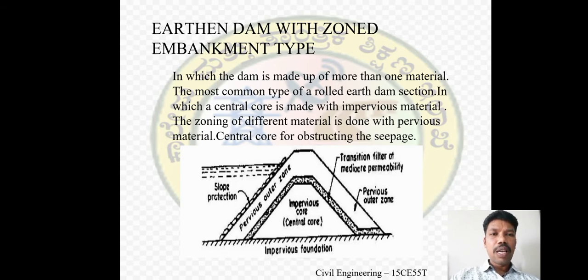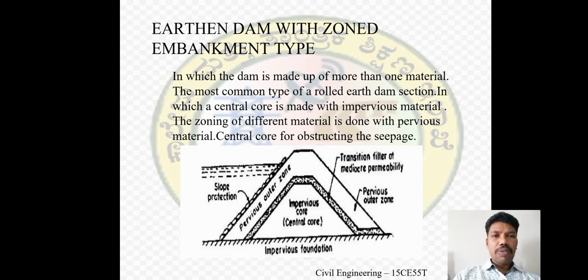The central core will act as a barrier which controls the seepage well within the body of the dam, and that will avoid erosion at the toe portion. That provides stability against erosion at the toe portion. In that way, it will provide better stability against erosion.